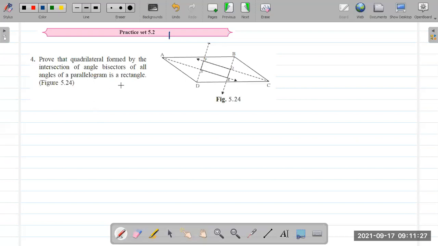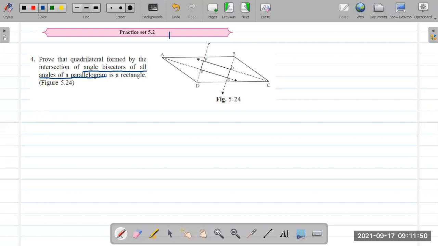So let us understand first what is given. Prove that the quadrilateral formed by the intersection of angle bisectors of all angles of a parallelogram. You can see that these dotted lines are angle bisectors of a parallelogram.